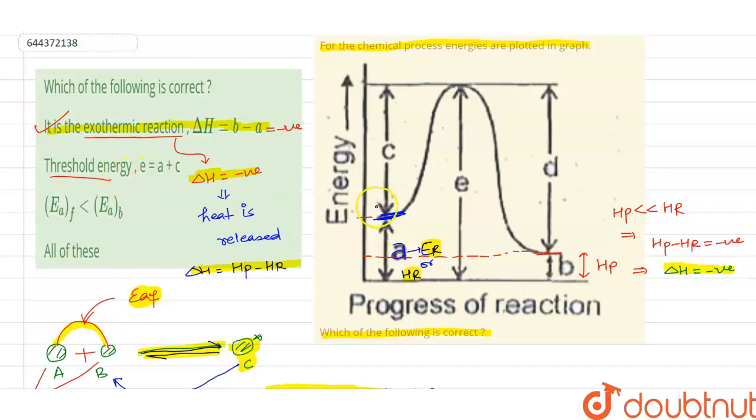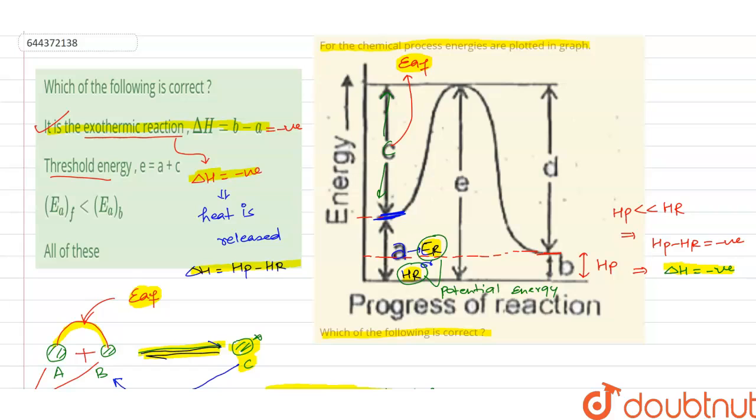Now we know that the threshold energy is the sum of the potential energy and the activation energy, where HR and ER represent the energy of the reactant, which is called the potential energy which a molecule originally contains, and this C value is telling that this extra energy is required in order to convert the reactant into the product. So this extra energy is EAF, that is activation energy.